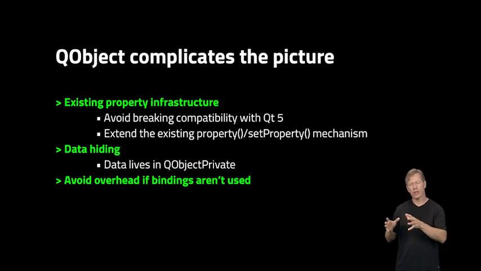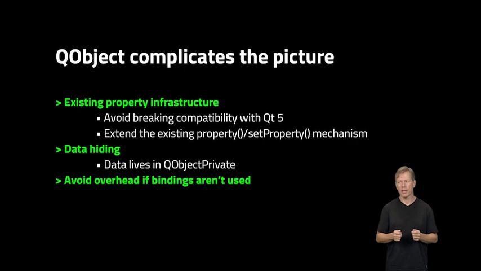Now, when we go over and look at QObject, things get a bit more complicated. The reason for that is that we have an existing property infrastructure in QObject, and we wanted to avoid breaking compatibility with Qt5. The existing infrastructure there is based on setter and getter methods. So we needed to find a way to extend the existing set property mechanism with bindings. We need to hide the data there because of compatibility between releases, and the data really lives in QObject private.